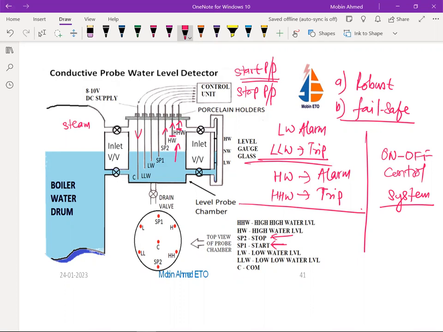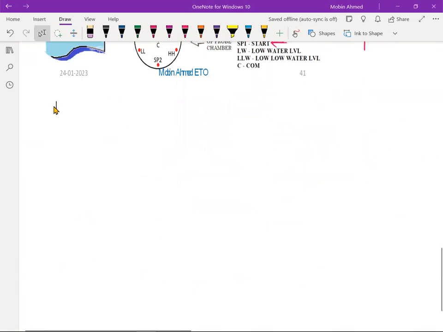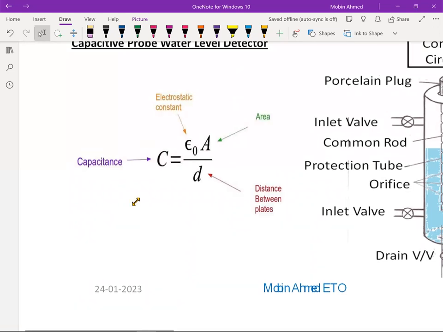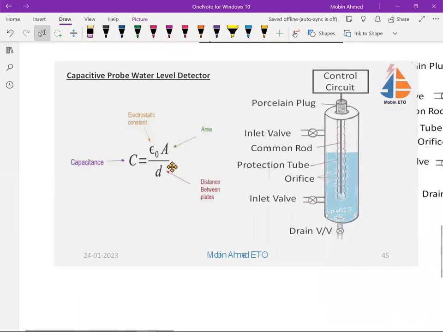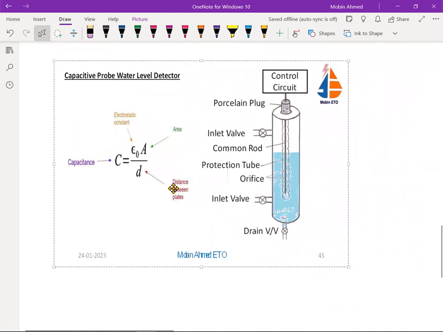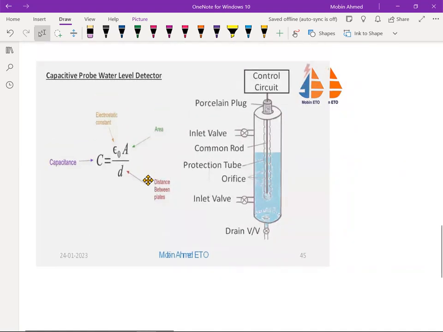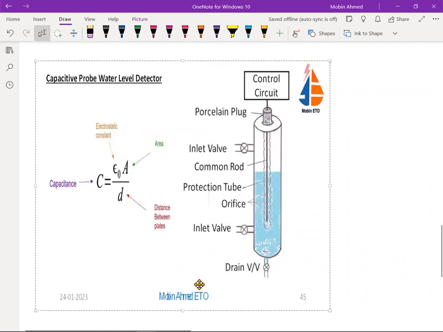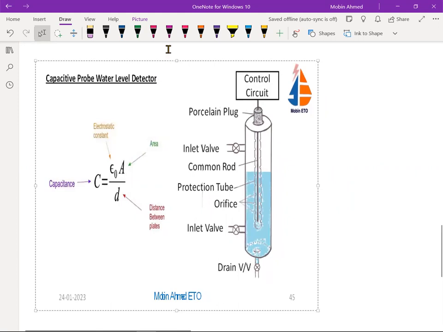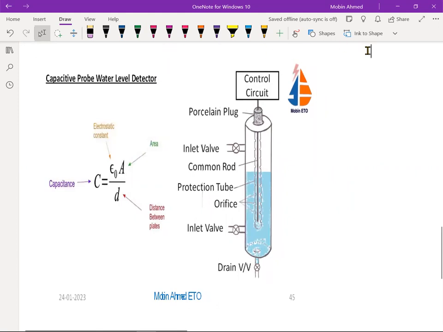we are going to have the capacitive probe. So this is going to work on the electrostatic charge. The formula I have given already here, you can go through that.